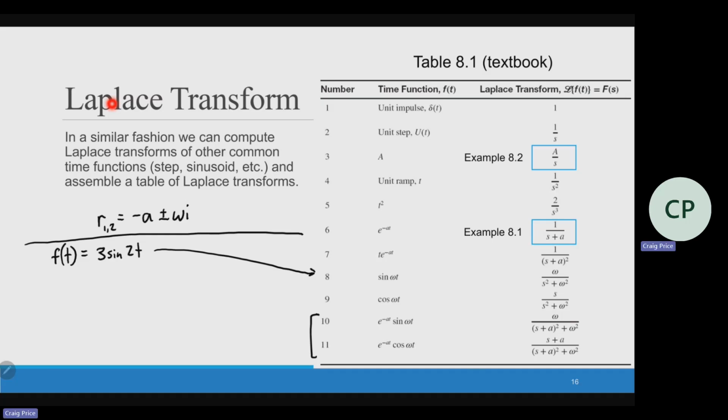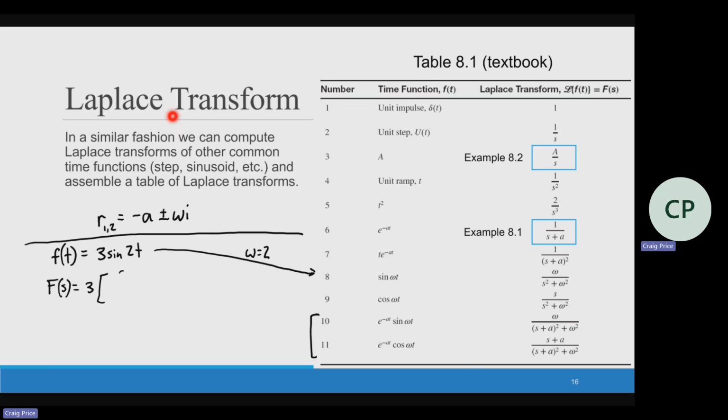So this sine, that means that omega is 2, and I have a constant of 3 that's multiplied by it. So we're going to have a 3. So the Laplace transform is going to be 3 times, now I can just use the table where omega is equal to 2.